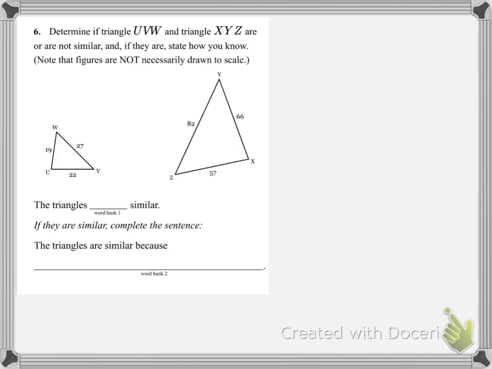Same thing. What do they give us? They give us all three sides of both triangles. So the question is, is it SSS? Let's find out. I take the smallest side and go here. Smallest and smallest, so I have 19 over 57. Then 22 and 66.